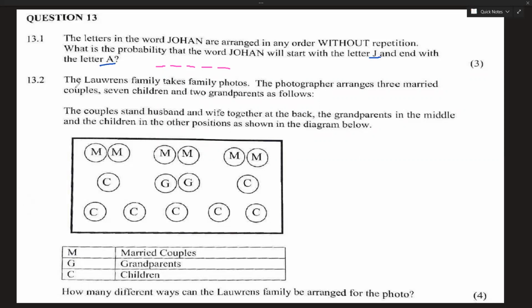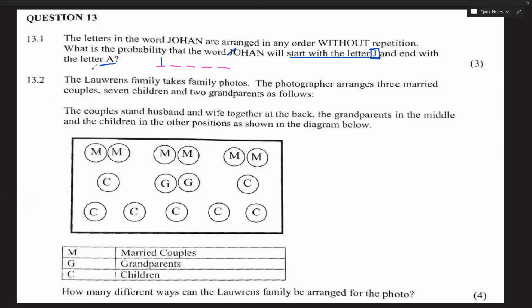So I want to give you a hint that you are always going to use. If they give you the condition with words and letters, you see, they say letter J, they already gave you the position of letter J. So you're going to cancel it out on the word because you already know its position. It's here, you just put 1.